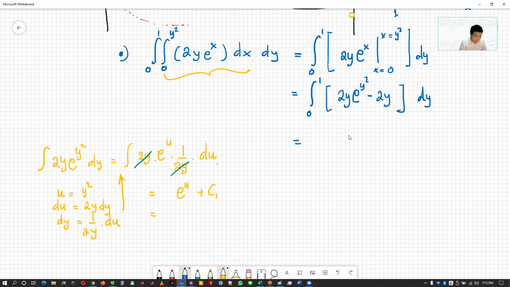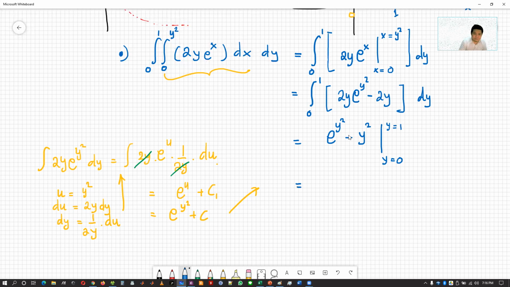Let's say this is some constant. And then I put it back in terms of y squared. I replace the u with the original y squared. So what do we have? We have e to the power of y squared, and then 2y we integrate, which is actually y squared, evaluated at 0 and 1.